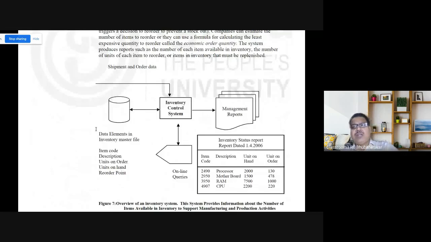Now coming to inventory management, it will say what kind of particular requirements there are with respect to the inventory control system. So the inventory control system also works with respect to a database. We have a September order to be provided, and online we get many queries, and we will try to address those queries here.